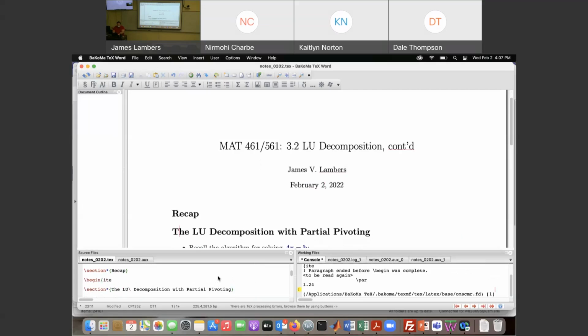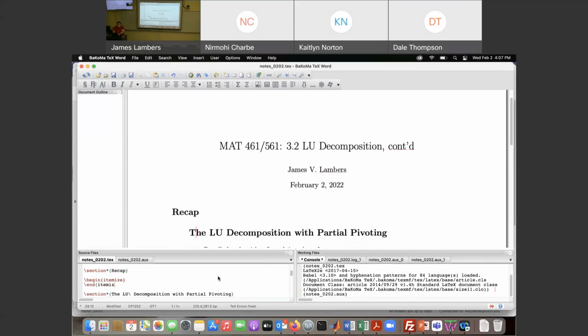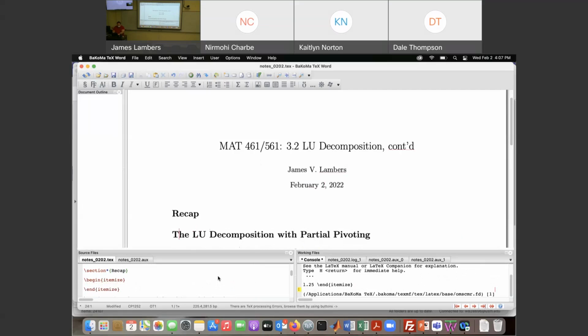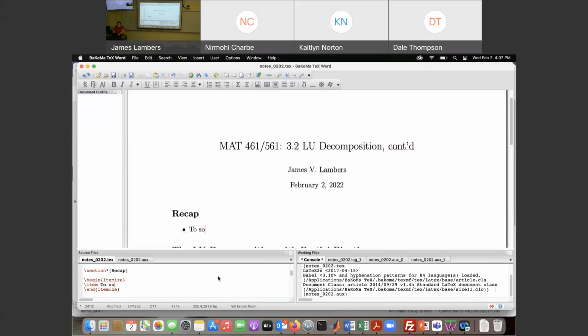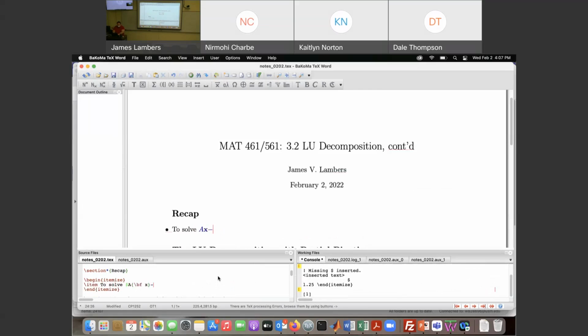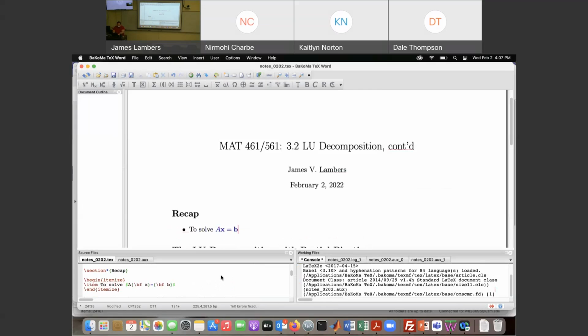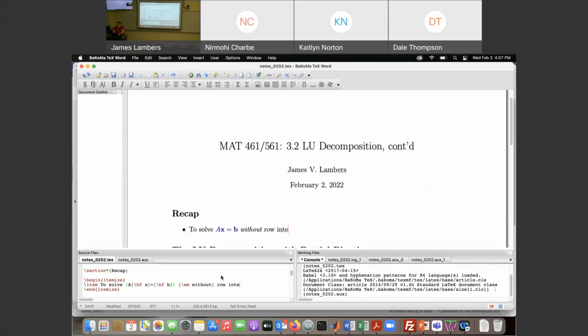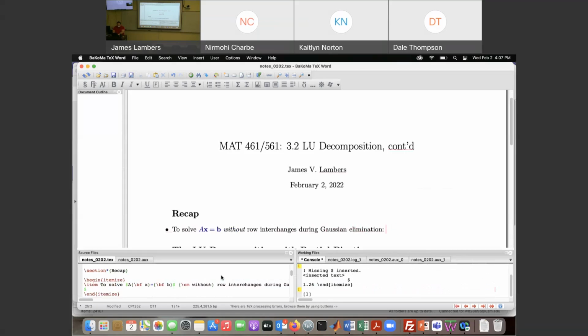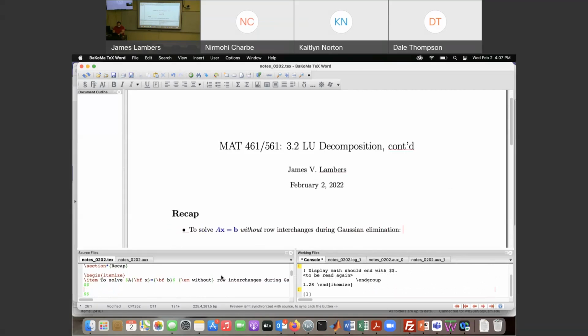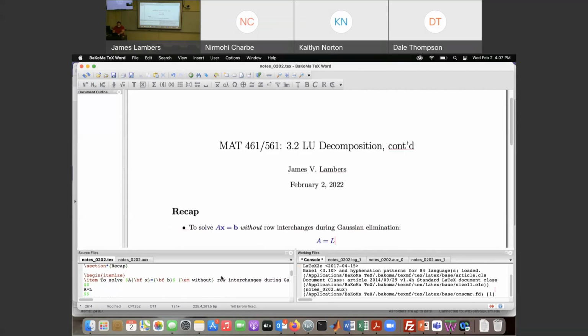So, a quick summary of what we've seen. If one solves Ax = b, and you're able to perform Gauss elimination without row interchanges, then you end up with A = LU.